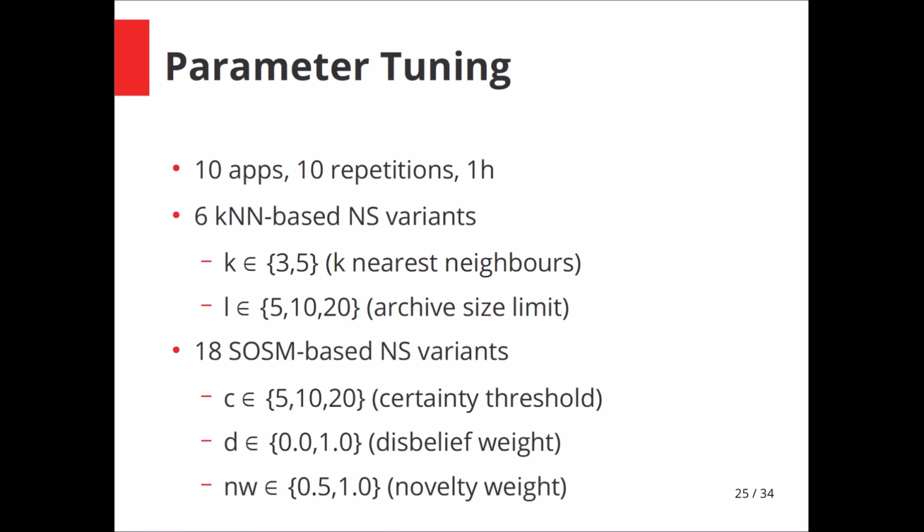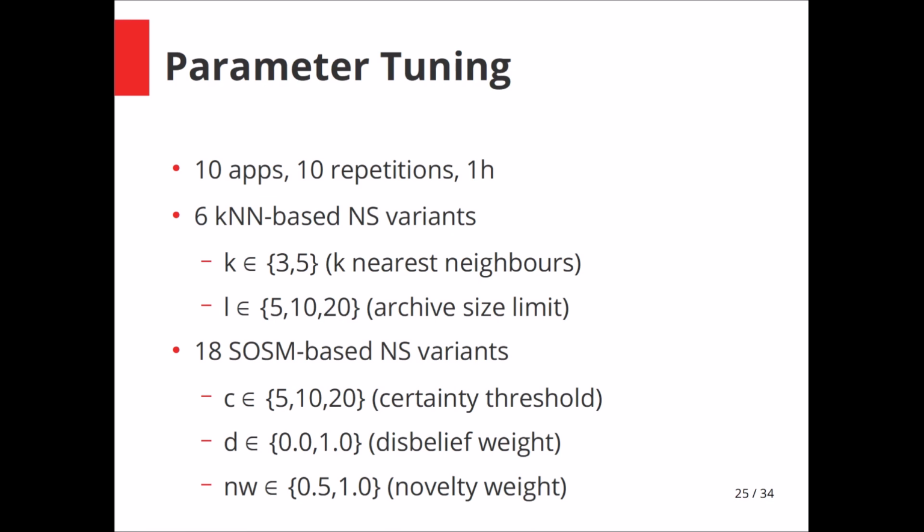For the KNN based novelty search variant, we studied 6 different configurations where we adjusted the k nearest neighbors parameter called k and the archive size limit.